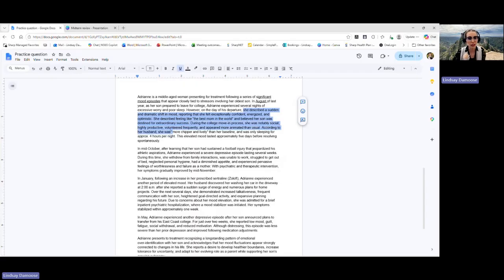She's more talkative than usual, an increase in goal-directed activity, and there's just a lot of energy. Her husband also identifies that she's more chipper and lively than her baseline. So there's a sudden and unequivocal shift from somebody's typical baseline, and she's only sleeping for about 4 hours per night, so a decreased need for sleep.